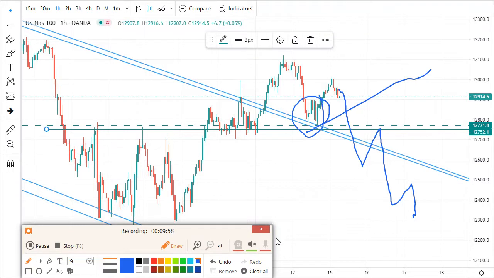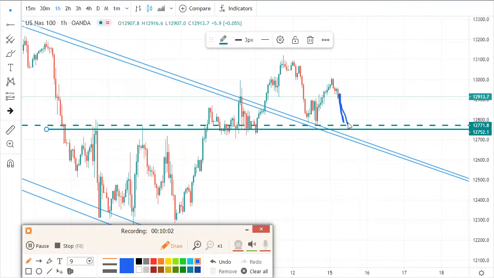Anything can happen. If the market comes around this point and breaks it, just don't buy from this point. You can wait and see that retest again for the market to go lower. But at the moment, we are still very bullish.